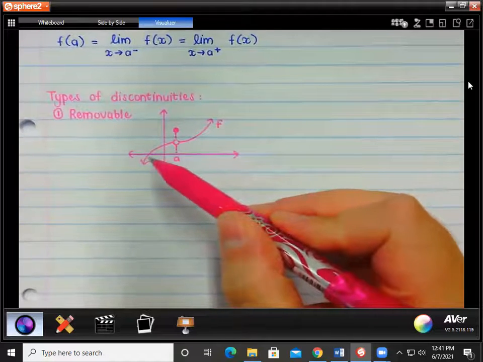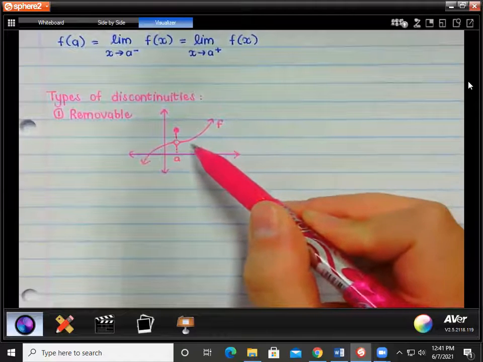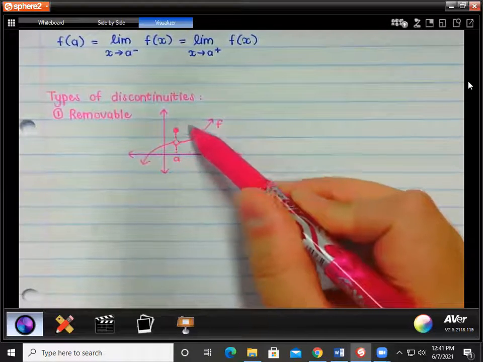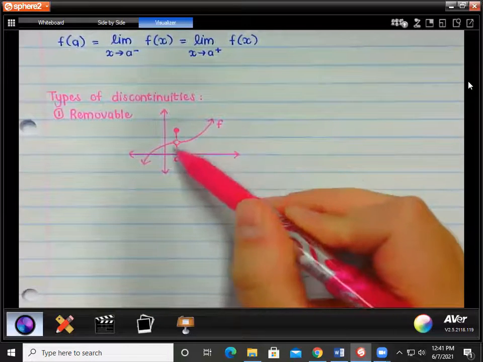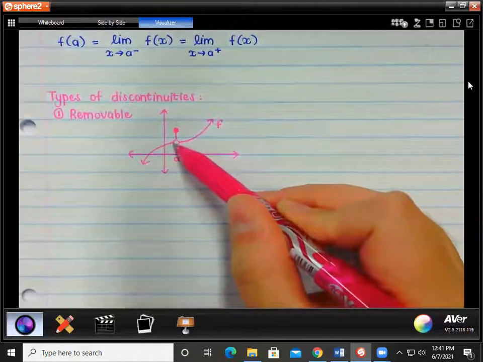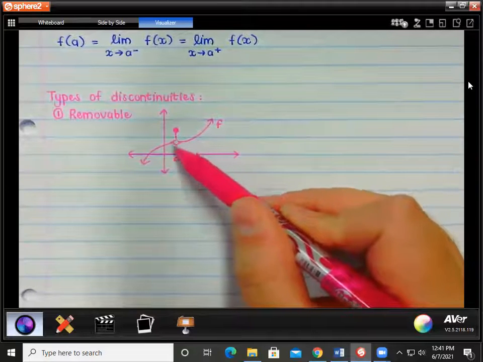So what's happening here, guys, is the limit from the left would be equal to the limit from the right. So the limit here would exist, but the function value at that x value would not be equal to the limit. Does that make sense? Can we see that on the graph? The limit from the left would be equal to the limit from the right because they would tend to whatever this y value is here.